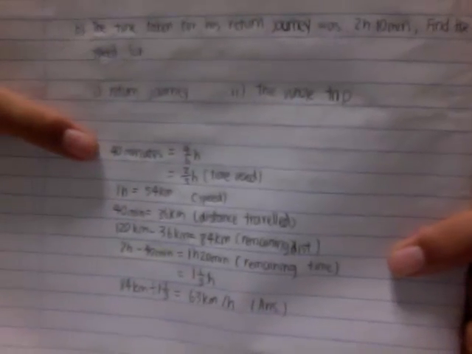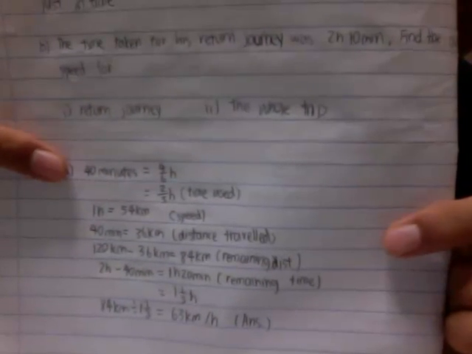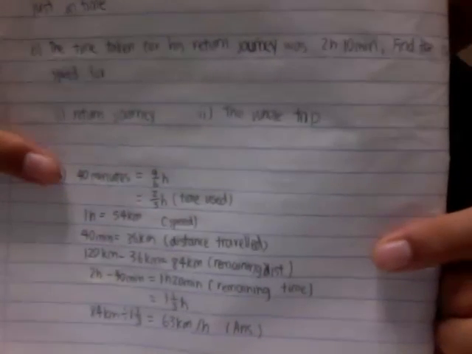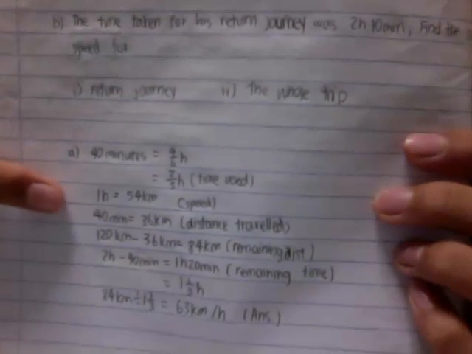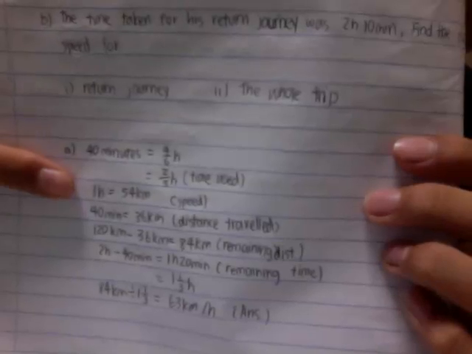Hence, I convert 40 minutes to 4 out of 6 hours, into simplest fraction, 2 out of 3 hours. The average speed for the first 40 minutes is 54 kilometers per hour.